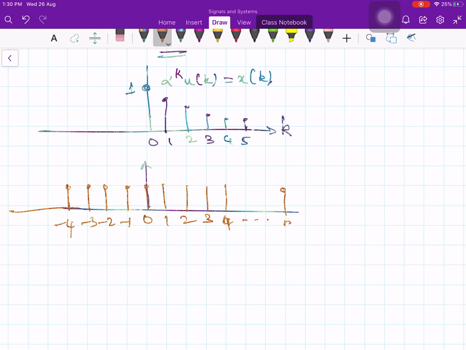Okay. So, what is this? This is h of n minus k. Now, multiply these two: alpha to the k times x of k multiplied by h of n minus k. Okay, now there is an overlap, you can look at.